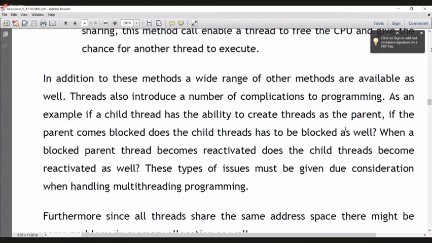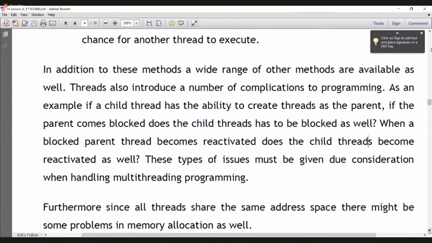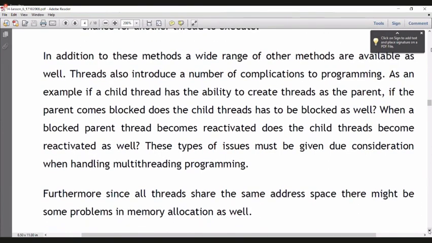You have to make decisions. That's why it's more complex. When a blocked parent thread becomes reactivated, do the child threads become reactivated as well? So you have to decide those things. These types of issues must be given due consideration when handling a multi-threading program. So multi-threading programs are a bit complex.